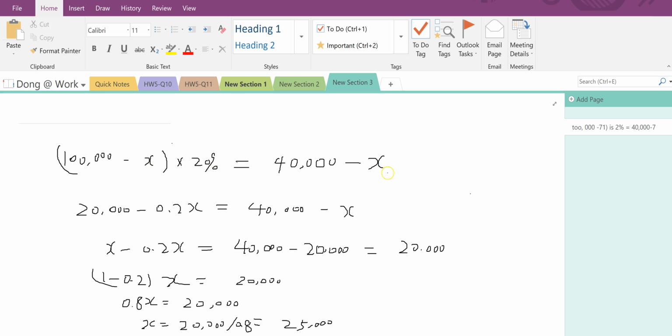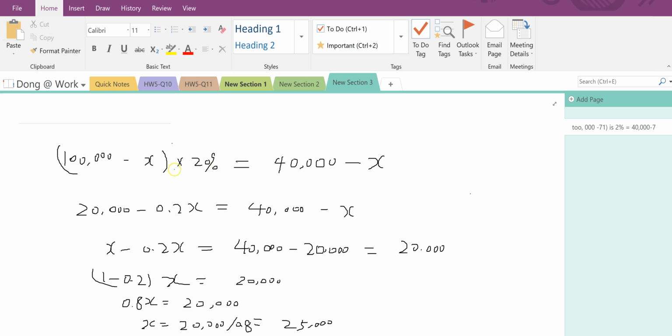So if you increase X, the right-hand side will decrease to a larger extent than the left-hand side. And that's why this is the maximum. Otherwise, the right-hand side, which is the remaining reserves, will be smaller than the required reserves.